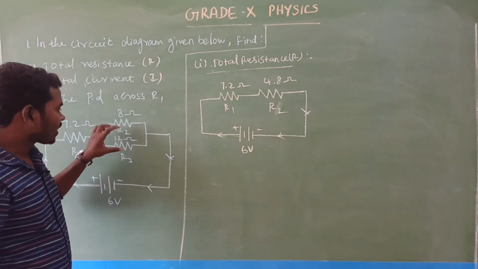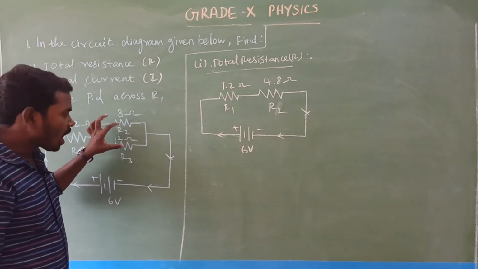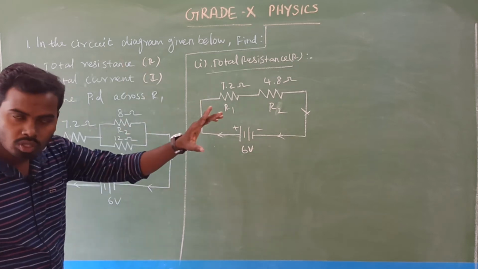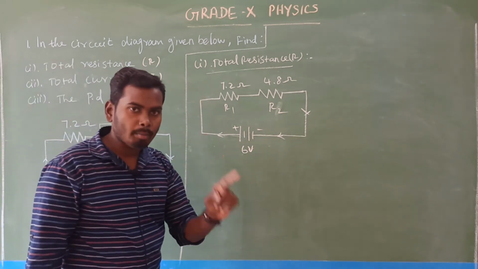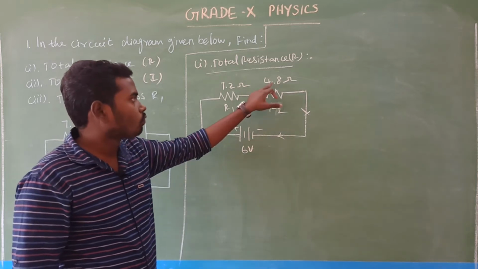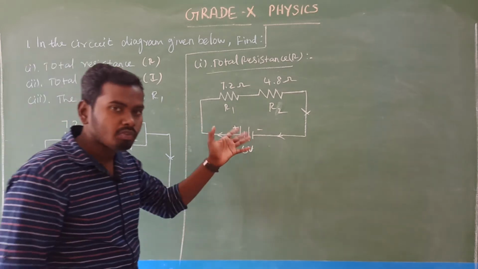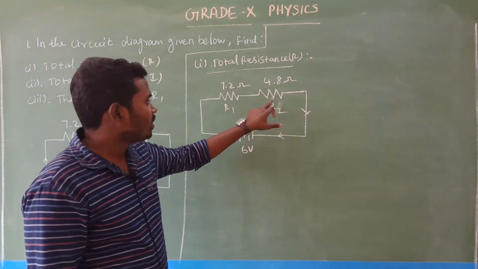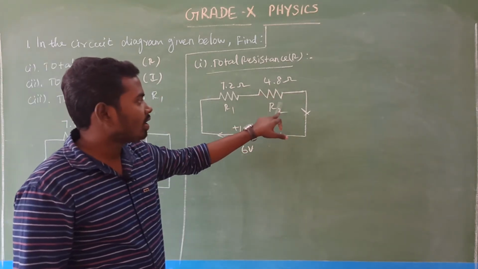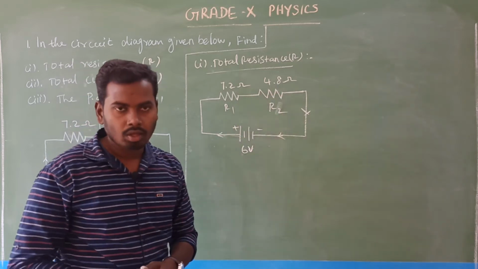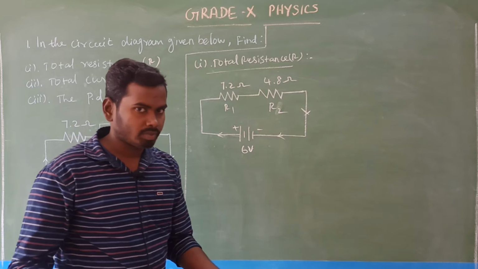Here two resistors are connected in parallel. We have converted this parallel combination into a single equivalent resistance of 4.8 ohm. This is the modified diagram. So we got the new resistance value R2 in the modified diagram, that is 4.8 ohm. Is that clear, students?